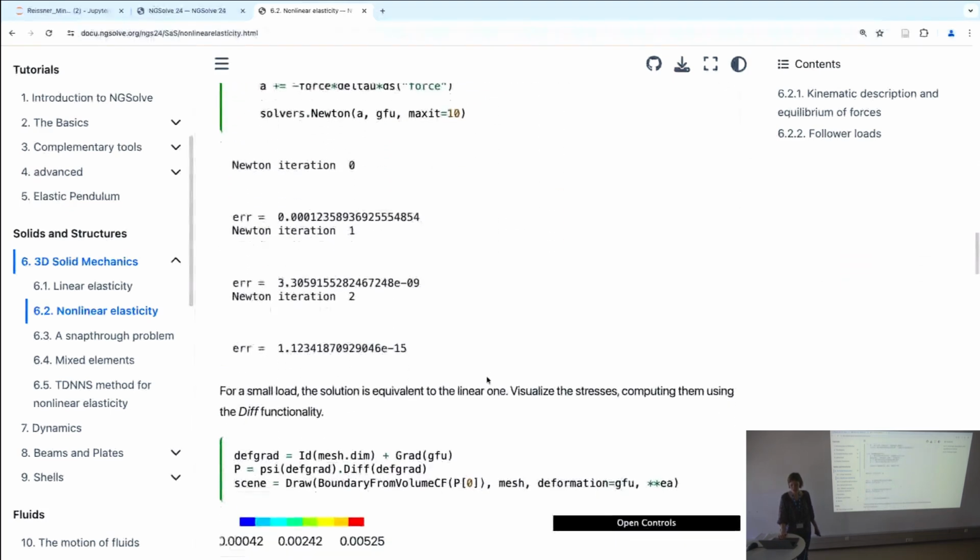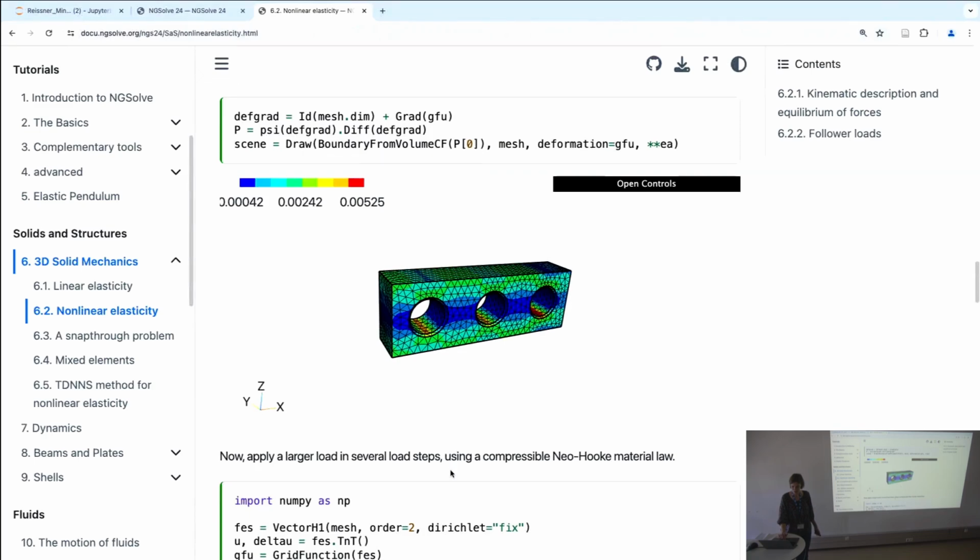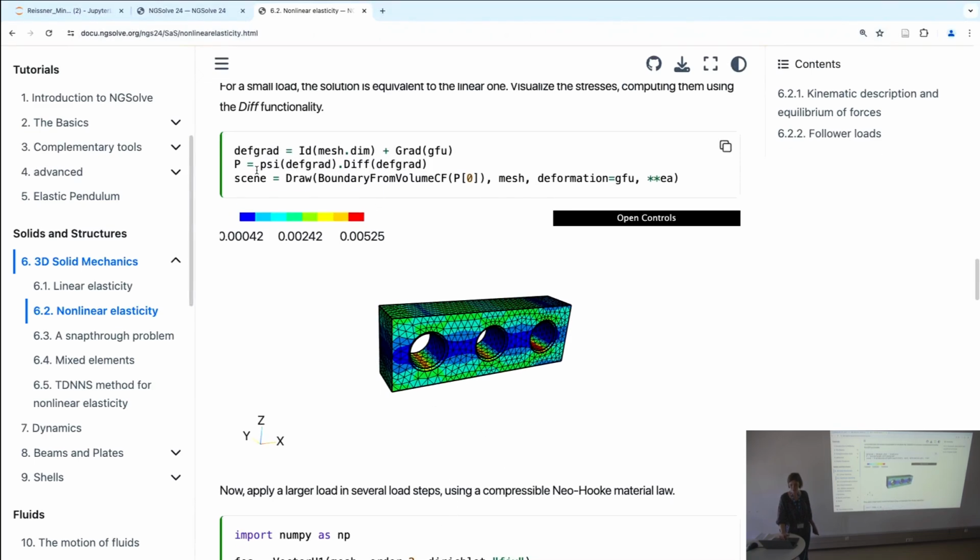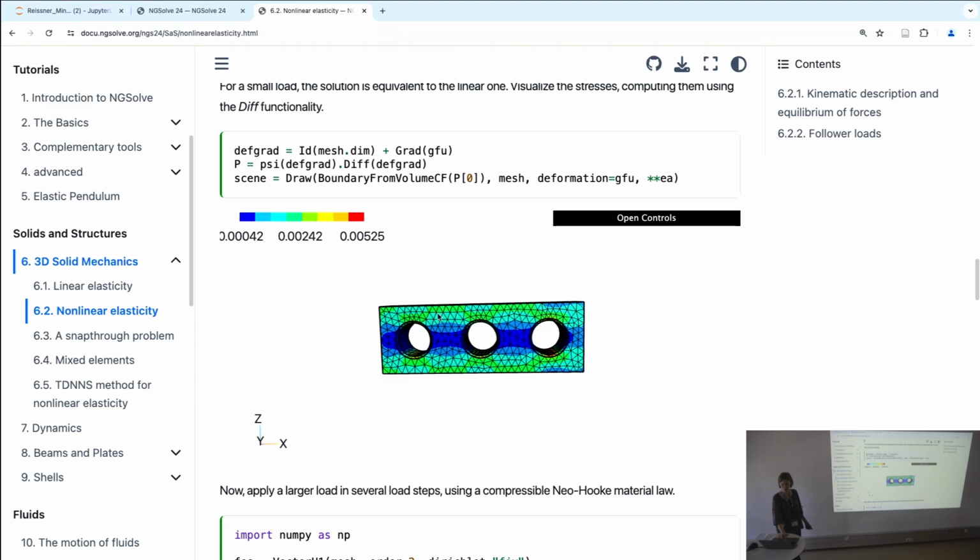And this is easy to visualize in NGSolve, because here we can just say, like here I visualized the first Piola-Kirchhoff tensor, P equals the derivative, that's this diff function here, the derivative of the potential by the deformation gradient. And it just works out. And you can draw it and see here the XX component, so the longitudinal stress component in this body.